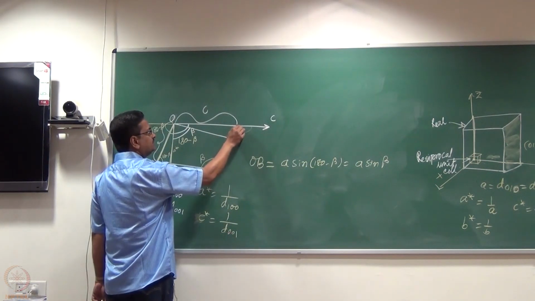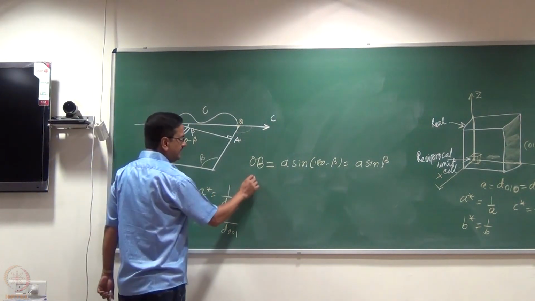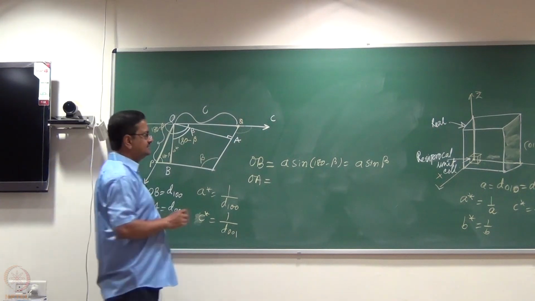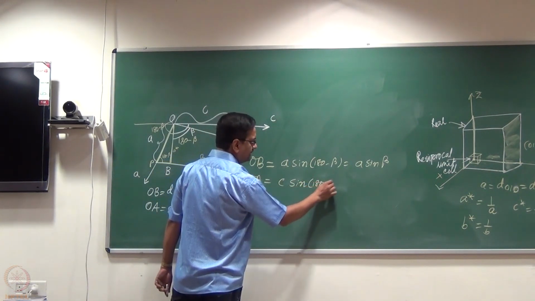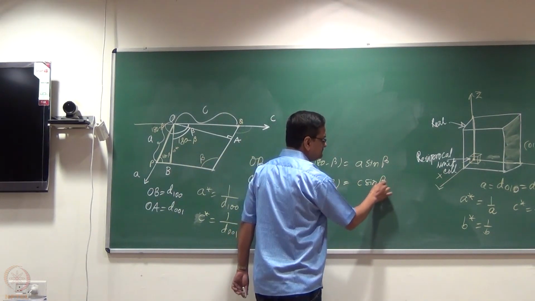Similarly, if I take this point as Q, can I write what is OA? OA is C sine (180 minus beta), which is equal to C sine beta.